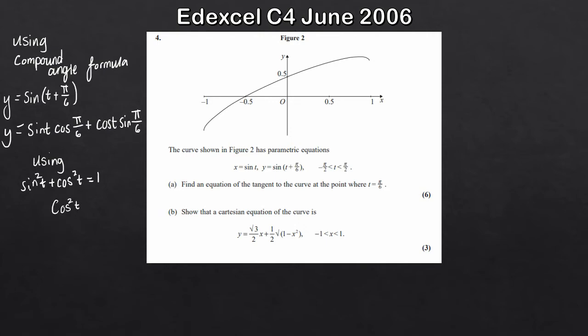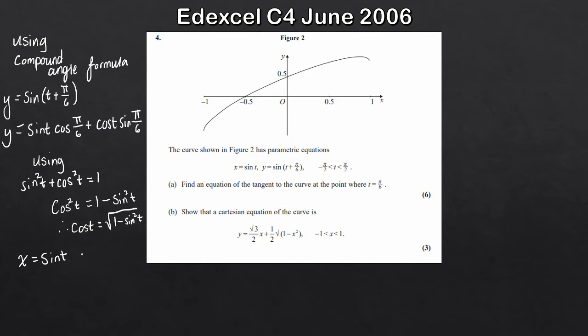So we just take sine squared t off both sides, and then we take the square root here. So cos t equals the square root of 1 minus sine squared t. Now don't forget, we know x is equal to sine t, that's defined as one of our parametric equations in the question.